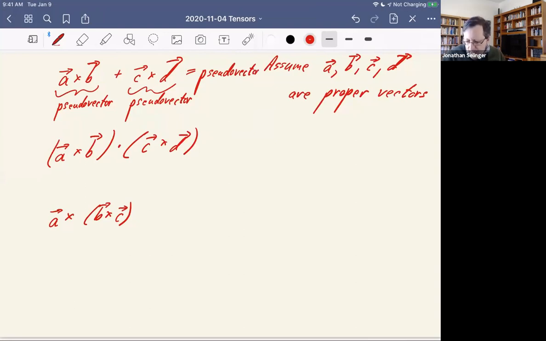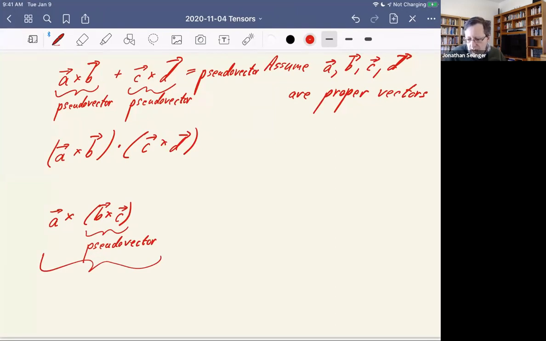In the example down here, this one that you were just speaking of, B cross C is a pseudovector. So when we look at the whole combination, this is proper cross pseudo.